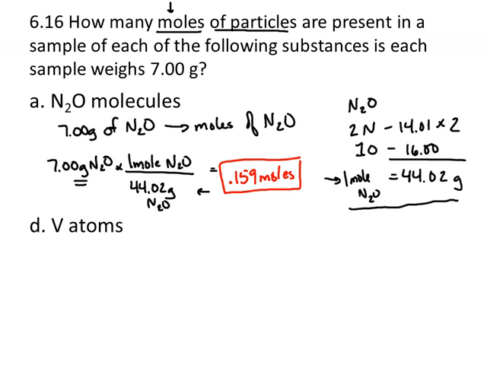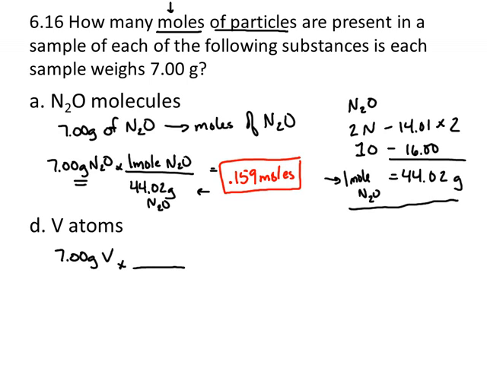Okay. Now let's look at this next one, which is actually letter D. We have vanadium atoms, and there are 7.00 grams of vanadium atoms. So really it's 7.00 grams of vanadium. Let's just simplify that. And we want to go to moles. So I need to go to the periodic table and find vanadium, which is element 23, and I see that its molar mass is 50.942.